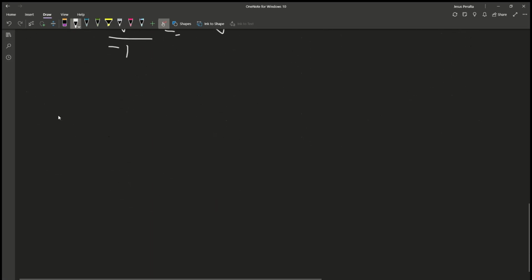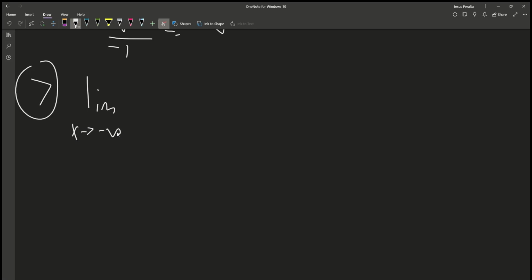So on to number 7. We have the limit as x approaches negative infinity of the square root of 4x squared plus 1 over 4x plus 1. So we have a negative infinity, so keep that in mind.